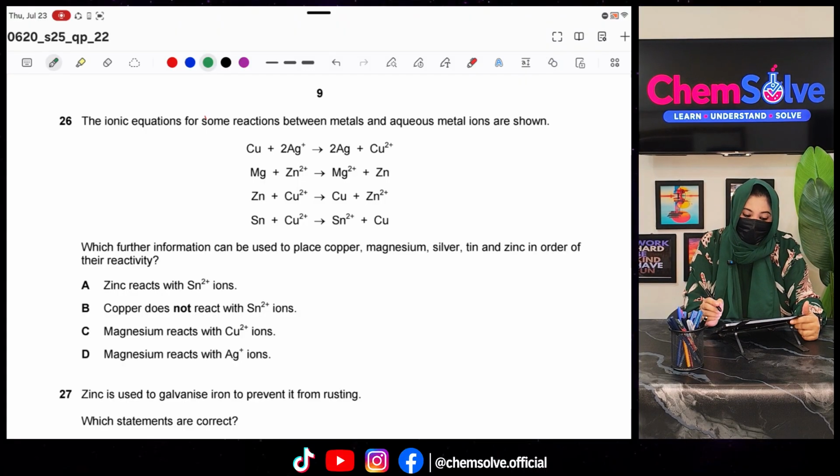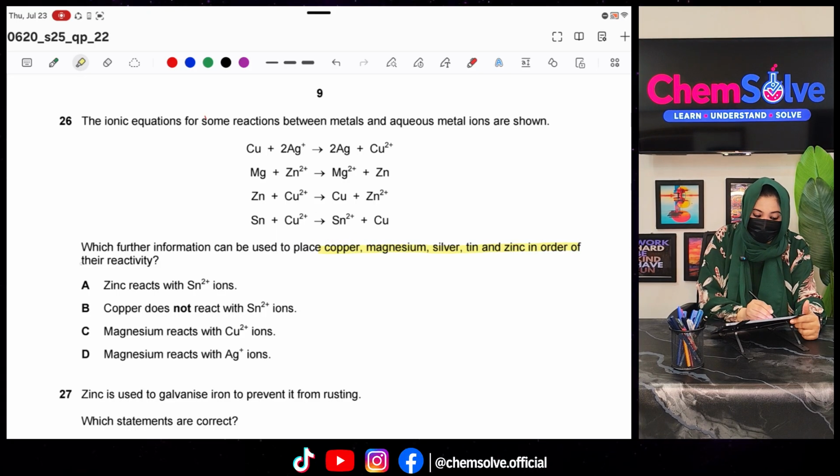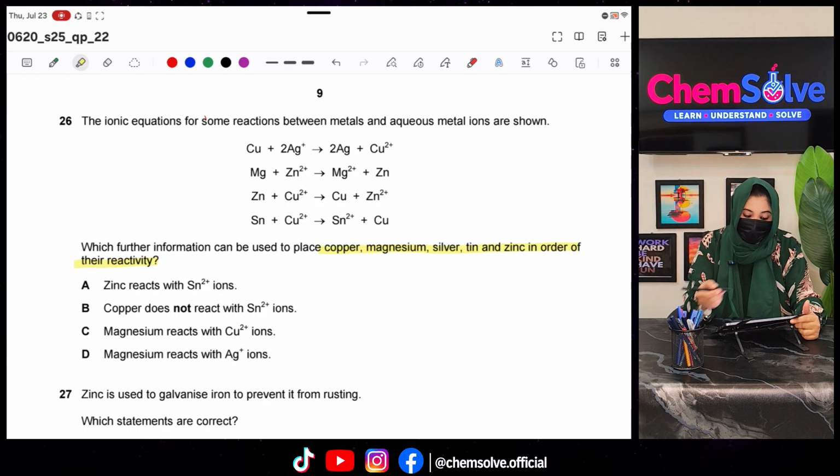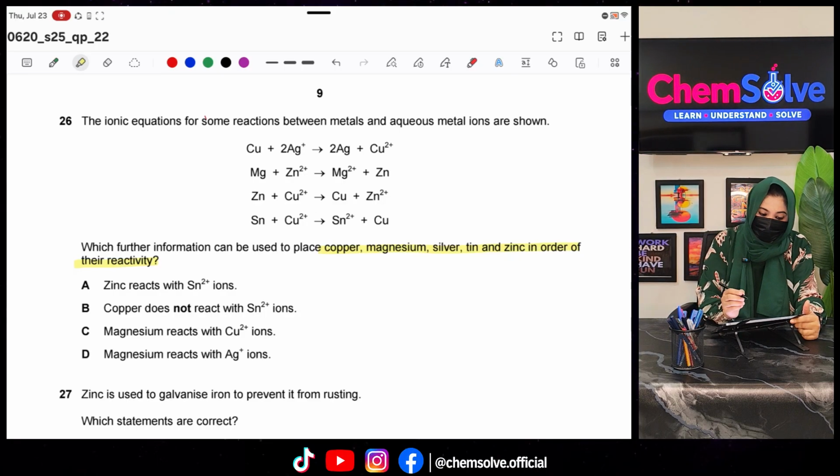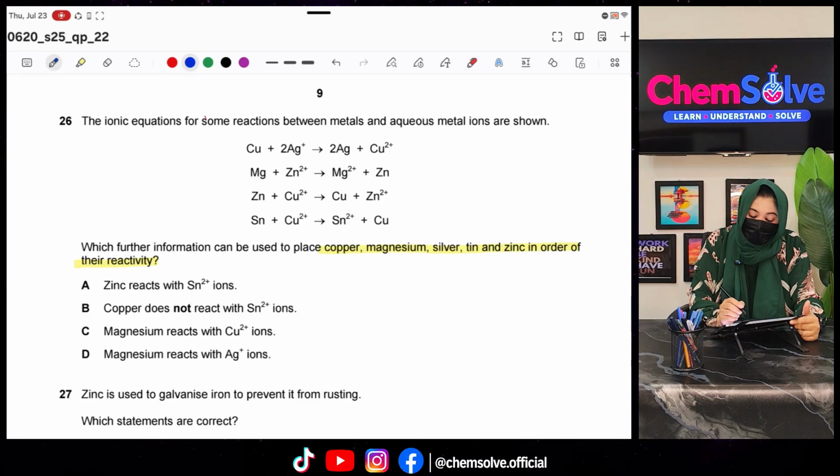Some ionic equations are being shown, and we need to understand what the order should be to place copper, magnesium, silver, tin, and zinc in the order of their reactivity. Okay, from higher to lower or lower to higher, we have to put them in the order of their reactivity. So let's see what we can deduce from the ionic equations. Copper is displacing silver.